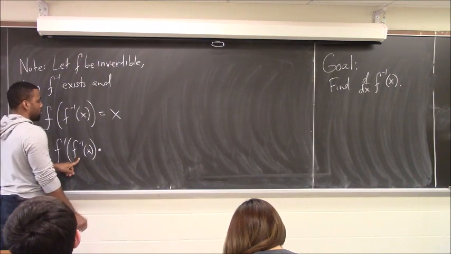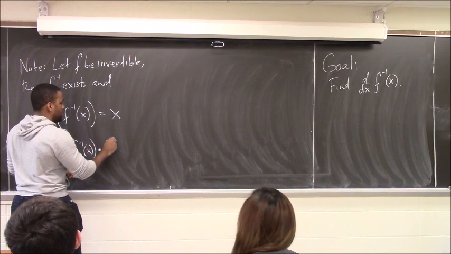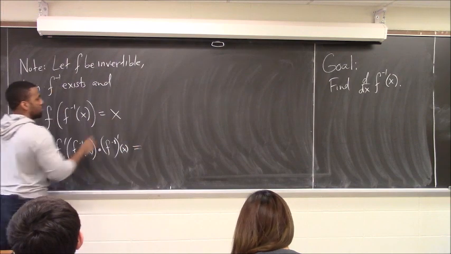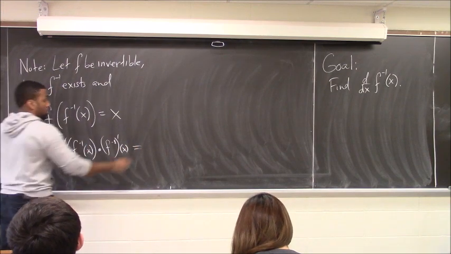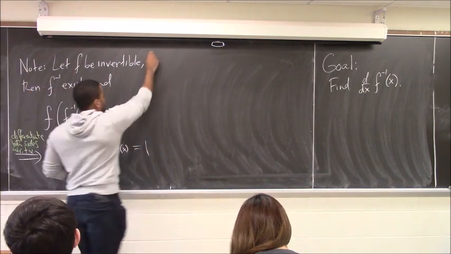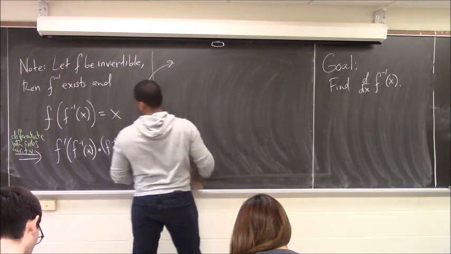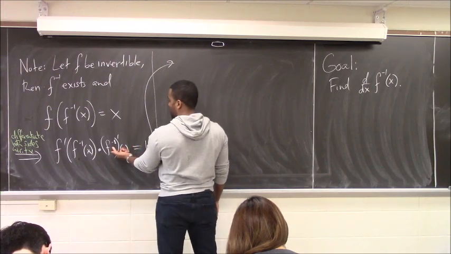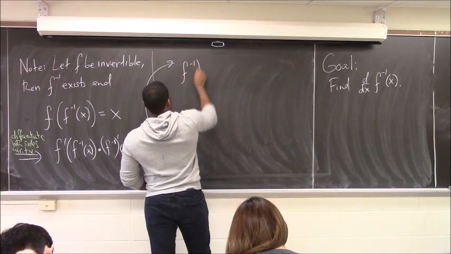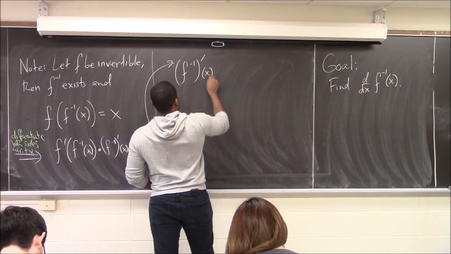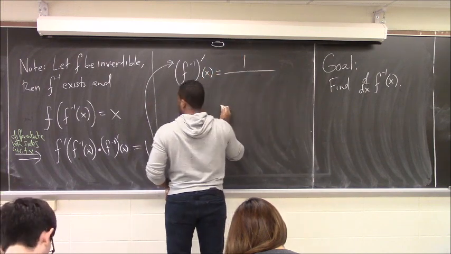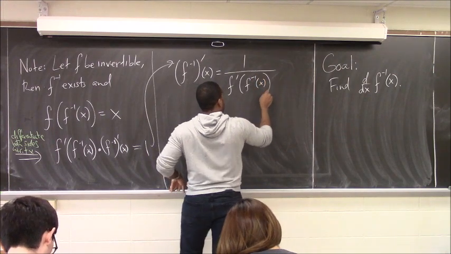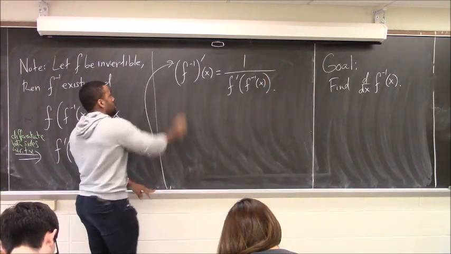Right, the derivative of the inside. Let's call it f inverse prime of x. Equals, what's the derivative of the right side? It's just 1. Which means I can solve for this guy, which is actually the guy I care about, the derivative of the inverse. And we obtain this function.